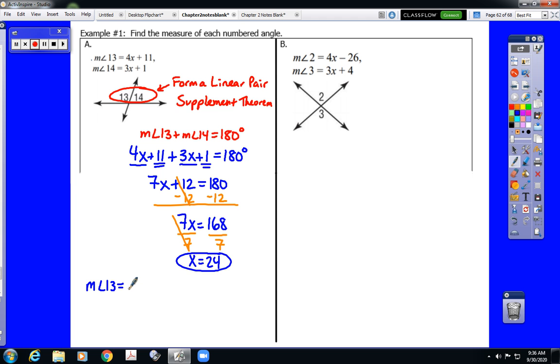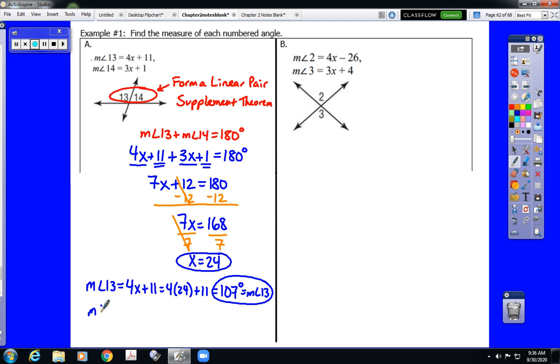The measure of angle 13 was 4x plus 11, so that would be 4 times 24 plus 11. Well, that would be 96 plus 11, which would be 107 degrees for the measure of angle 13.